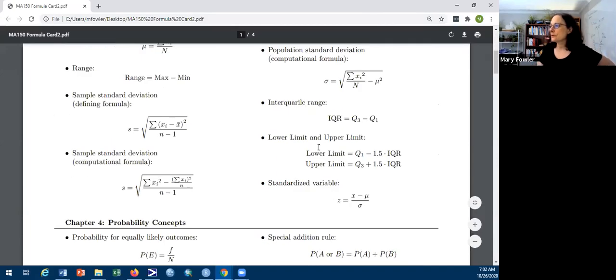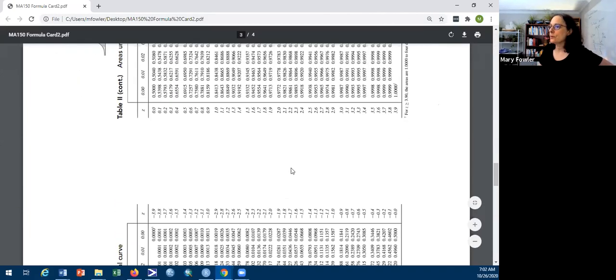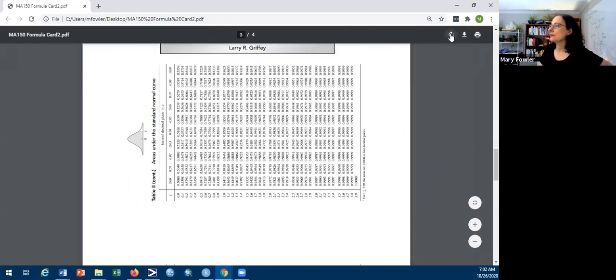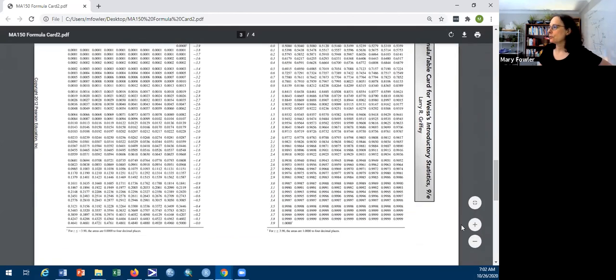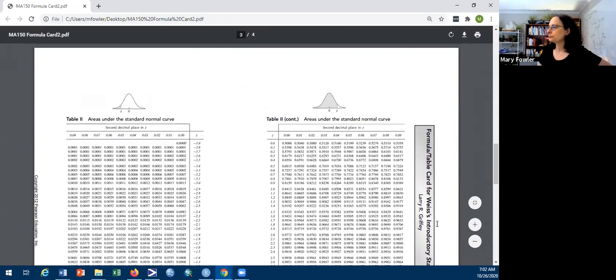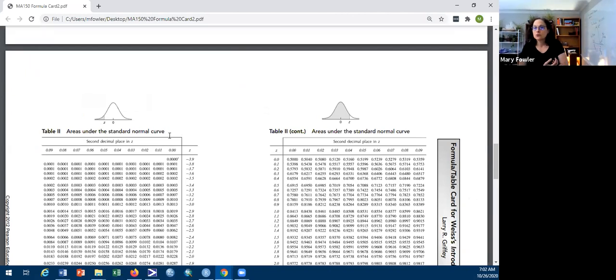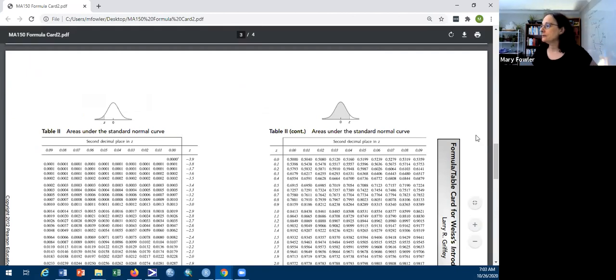Okay, so coming on over to the formula card, we know that we can do the indirect lookup over here, and we would look for 0.025 in the right tail, right?